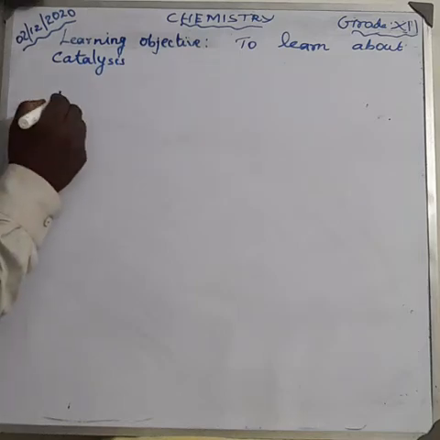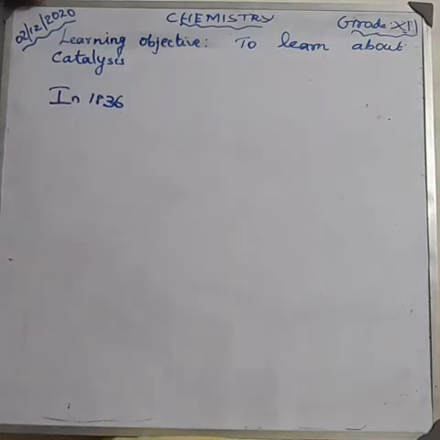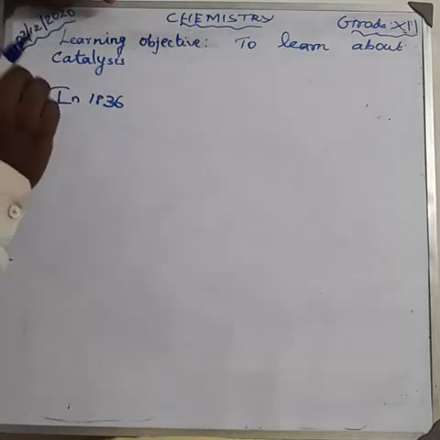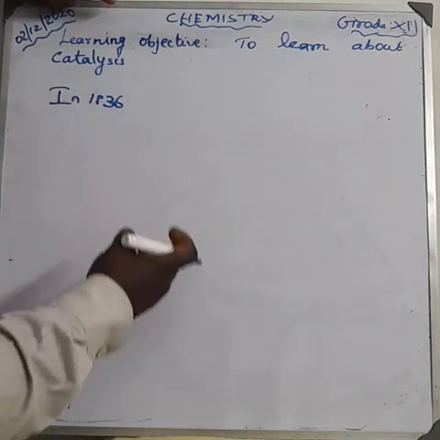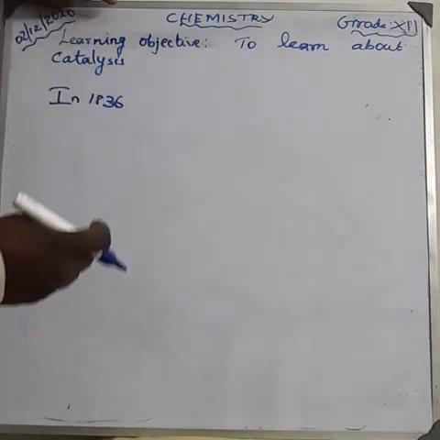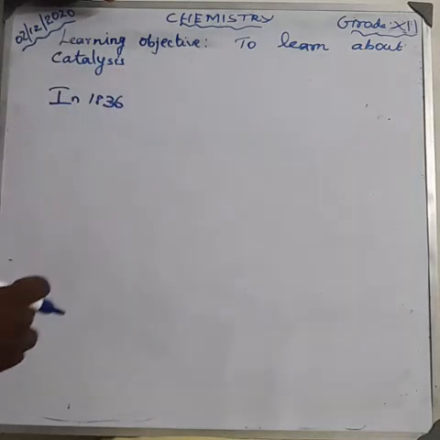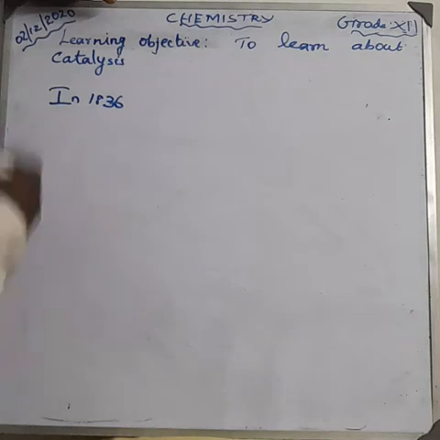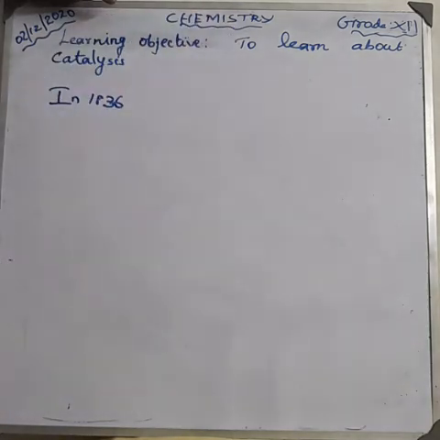In 1836, Berzelius, one of the great scientists, identified that a certain substance can loosen the bond in the reacting molecule. It has the ability to loosen the bond in the reacting molecule, and one more function: it can increase the rate of the reaction.